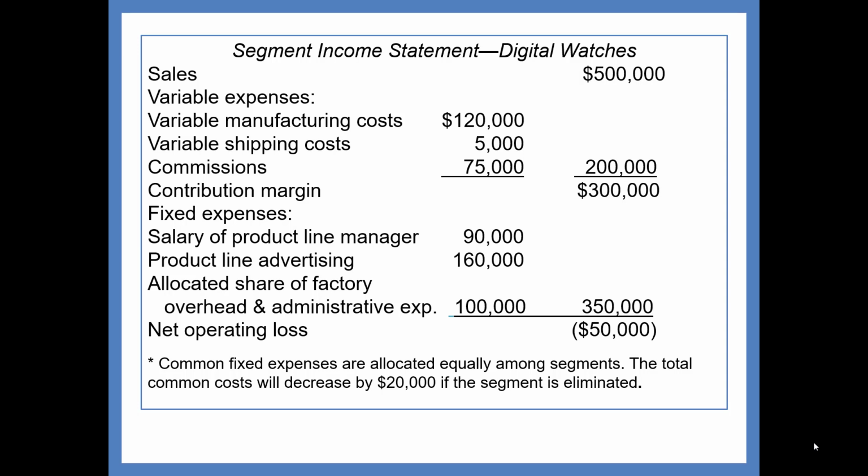Now, after some research, the company found that these common fixed expenses are allocated equally among segments. Those total common costs will decrease by $20,000 if the segment is eliminated.